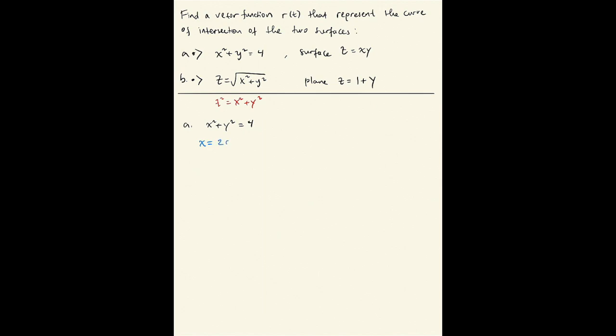Not 4, 2. Yeah, because it needs to be squared. Do you know how come cos and sine? And why do you need to include 2 here? Because you want to make this square equal 4. So that's why it needs to be 2.